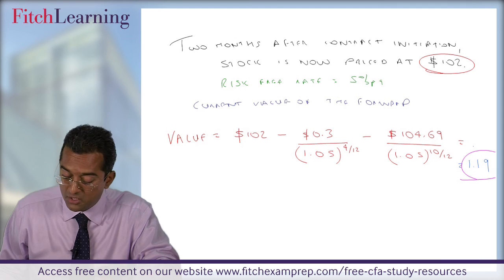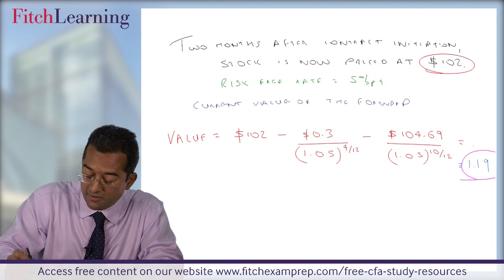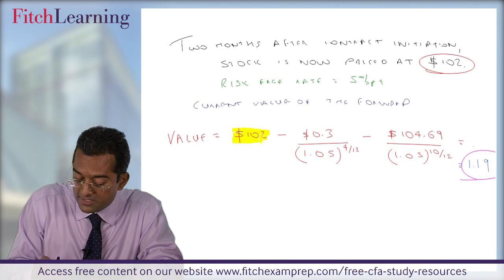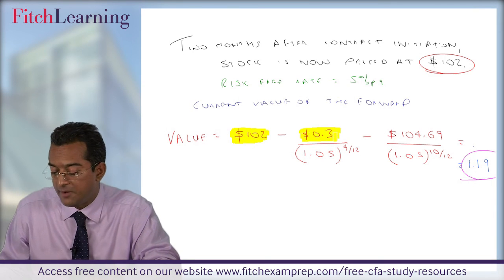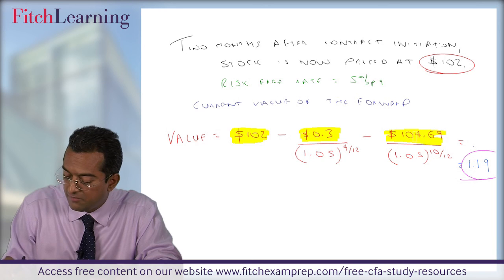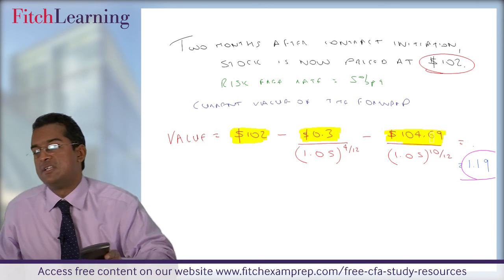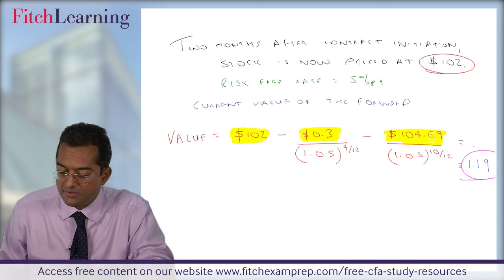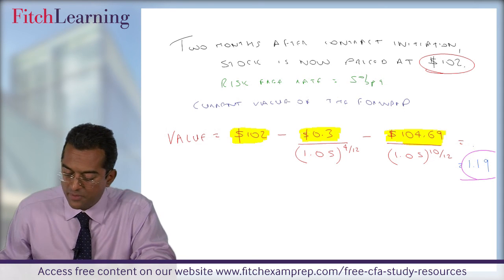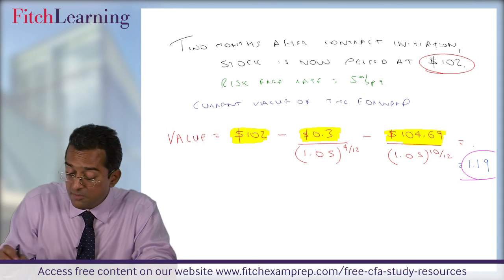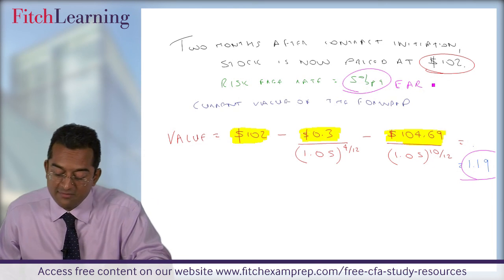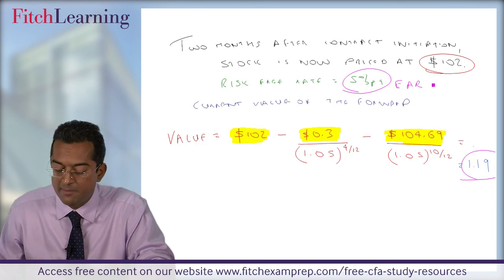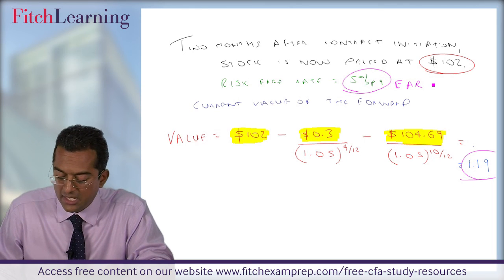We have basically netted off the current spot price with the present value of expected benefits over the holding period and the present value of the forward price, which has been locked in at initiation. We have discounted everything at the risk-free rate, assuming it is an effective annual rate, by the number of months respective to the period.